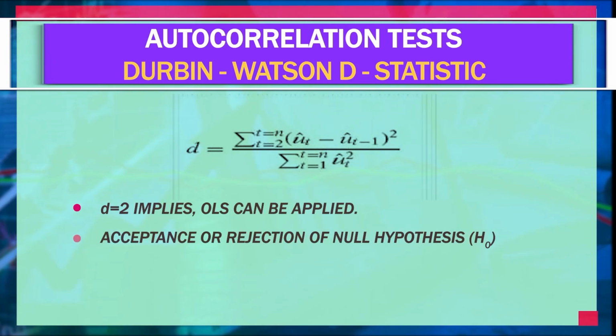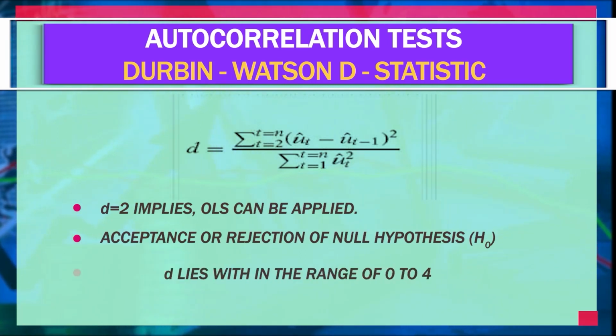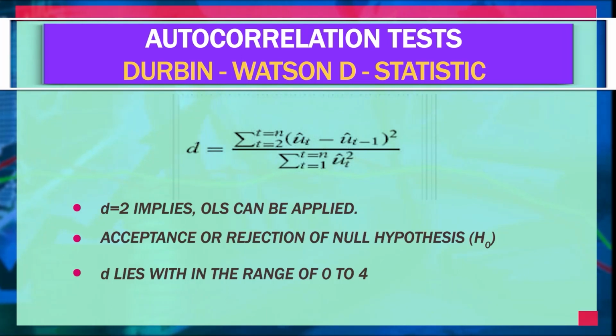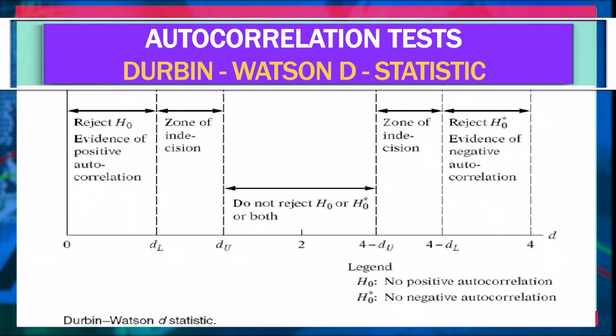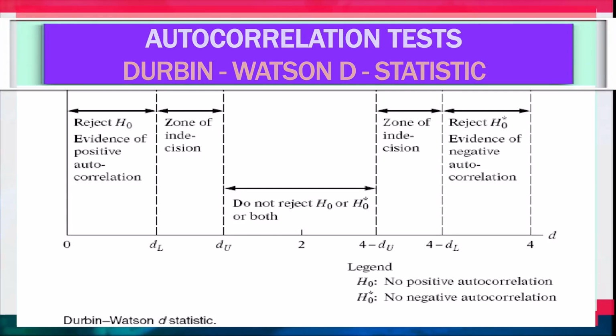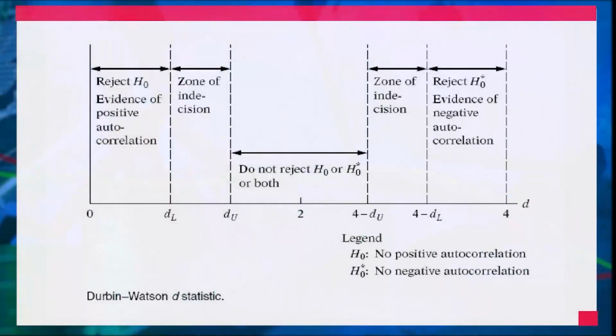So D can take different values, and accordingly we can comment on the acceptance or the rejection of the null hypothesis. This brings us to slide number 12, which explains the different regions or segments of D. First of all, we categorize this diagram within the limits of 0 to 4, because if we take D = 2(1 - rho hat), and rho hat is 0, then D is 2.